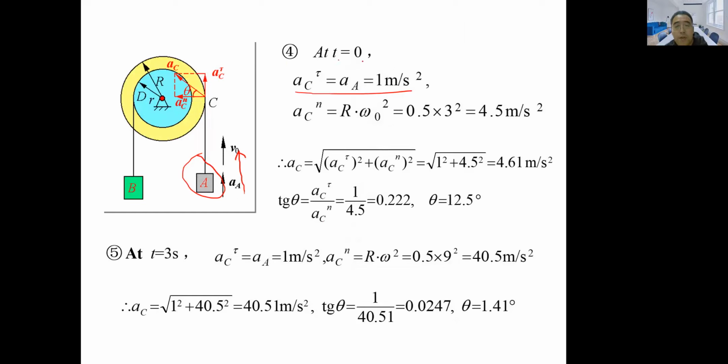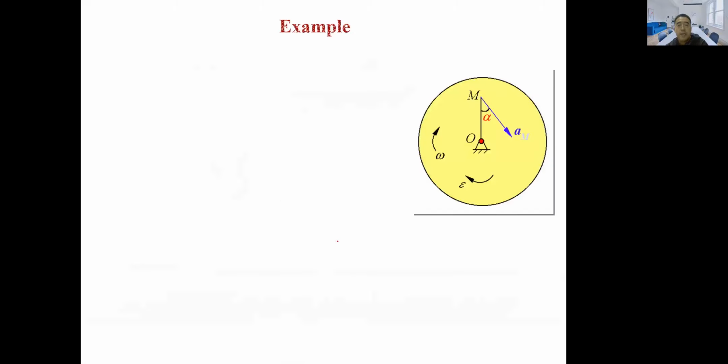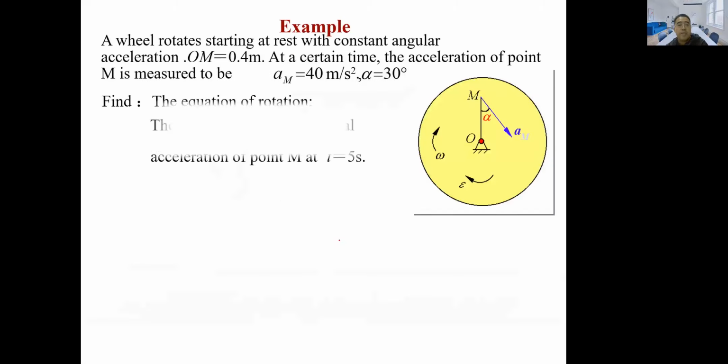At t equals 0 it will be this, and at t equals 3 seconds a_C^tau is the same value, but a_C^n changes from 3 into 9. That's why it's different. This is the first example.